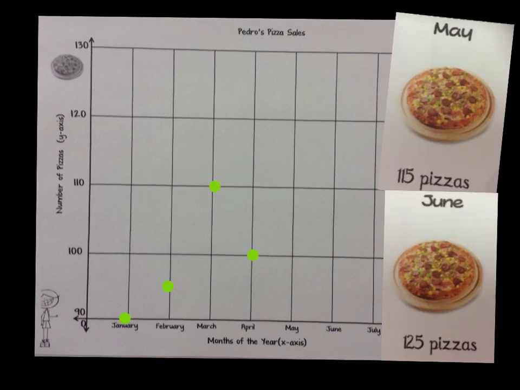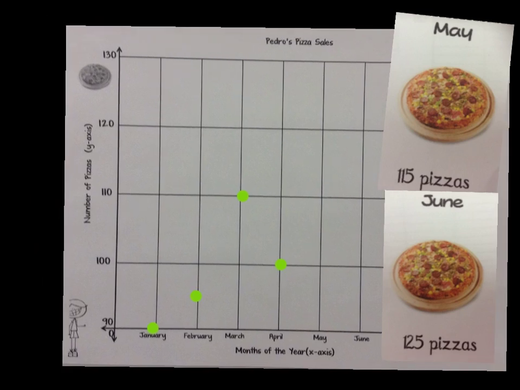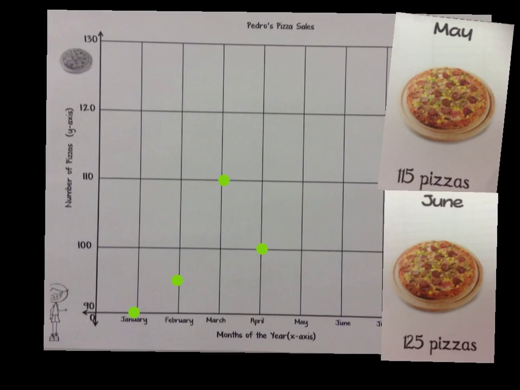All right, third grade, your graph so far should have dots exactly where my green dots are on my graph that's pictured. We're going to graph May and June's points together right here. And then I want to talk about one more thing before you graph the last 2 points on your own.